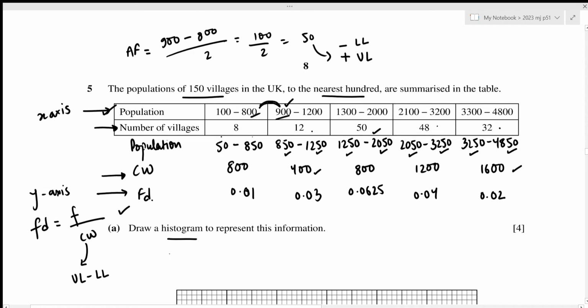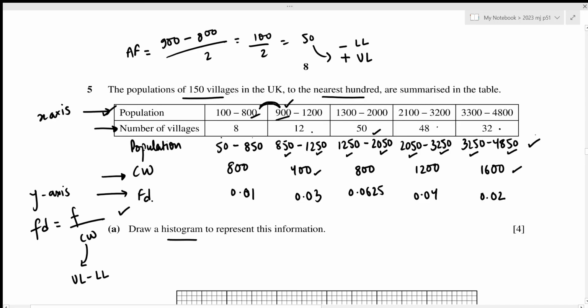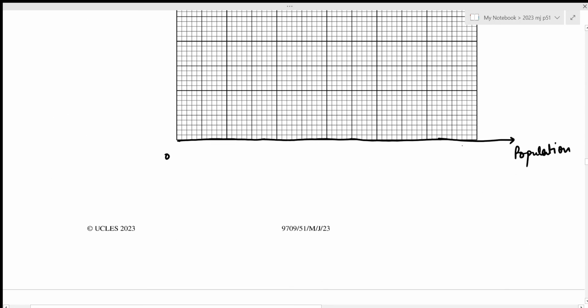Okay, and the highest population we require is 4850. Okay, and we have 6 blocks. So if we take one block to be 800, that should be enough, but we need to start from 50. So we just have to show that this is 50 and not 0. So 50 plus 800, this one is 850. This one should be 1650. Then it should be 2450. Then it should be 3250 and 4050.